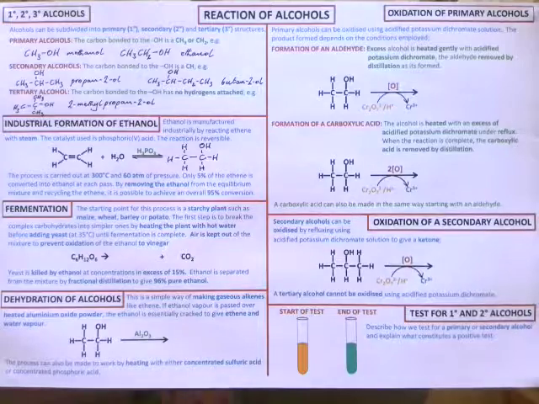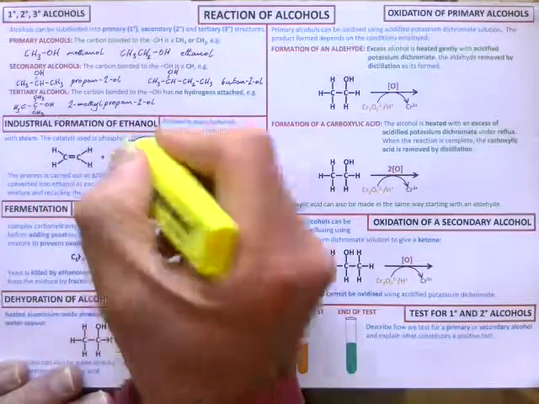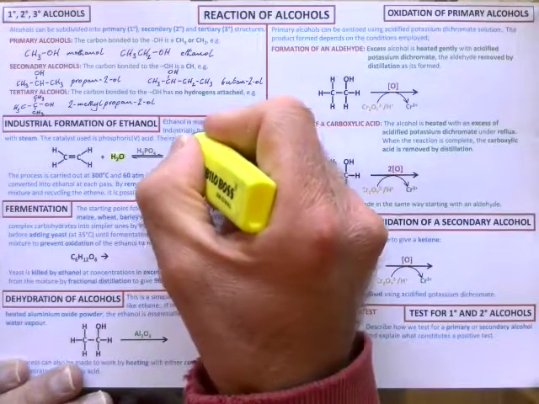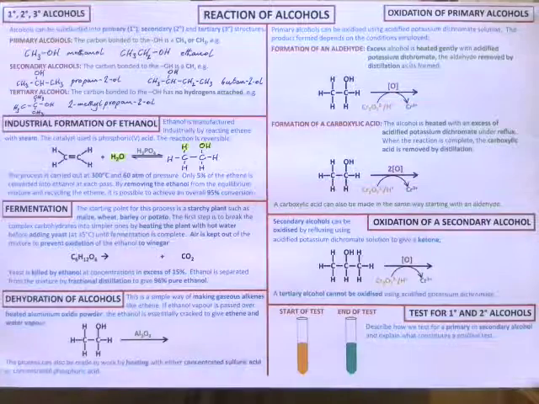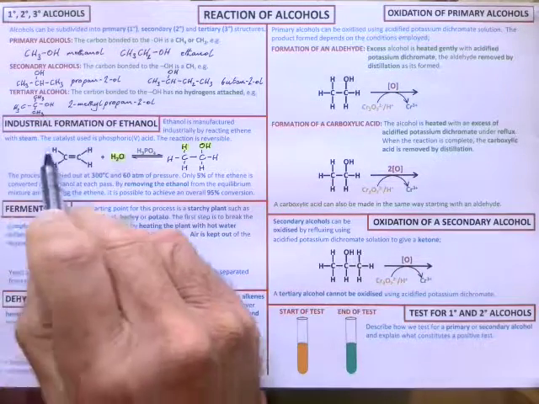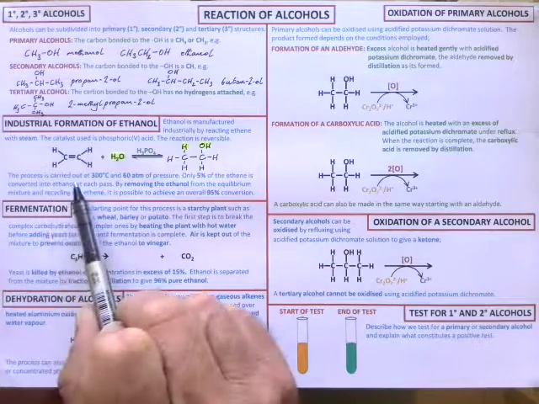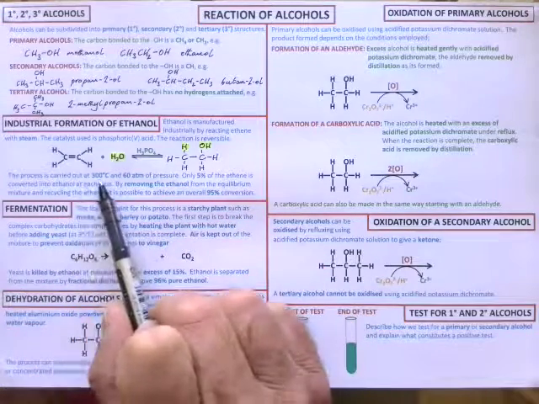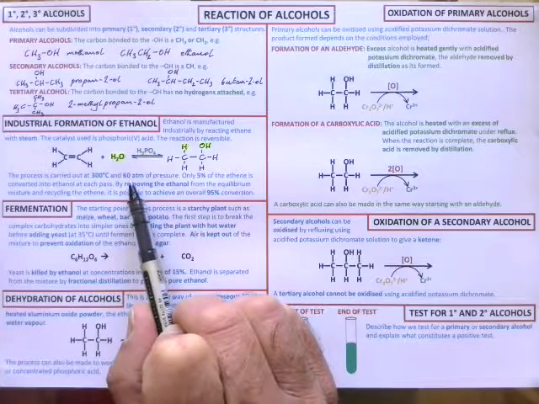So if we imagine, here's our water. So there's the H from water and there's the OH from water. And that's our alkene here, but obviously the double bond is gone. So this process is carried out at quite forceful conditions, 300 degrees C, 60 atmospheres pressure, so everything's squished together.